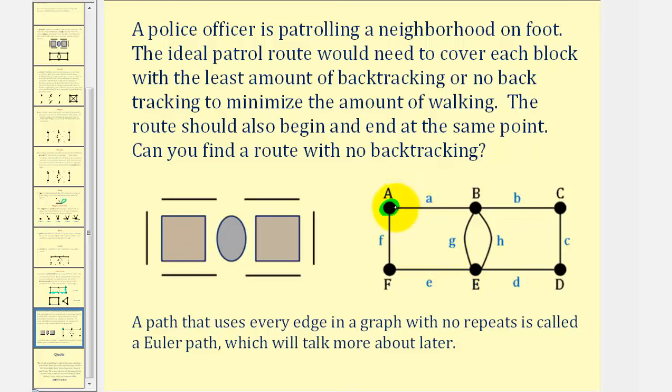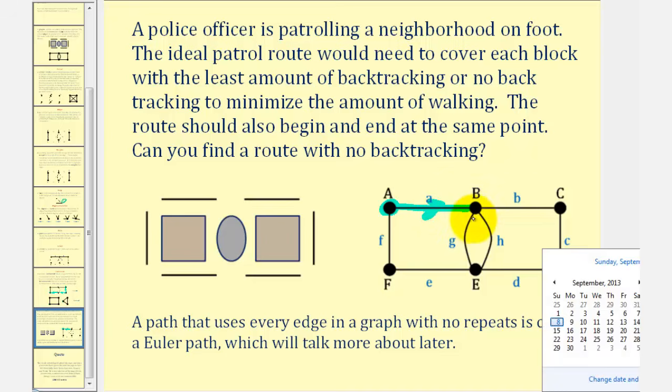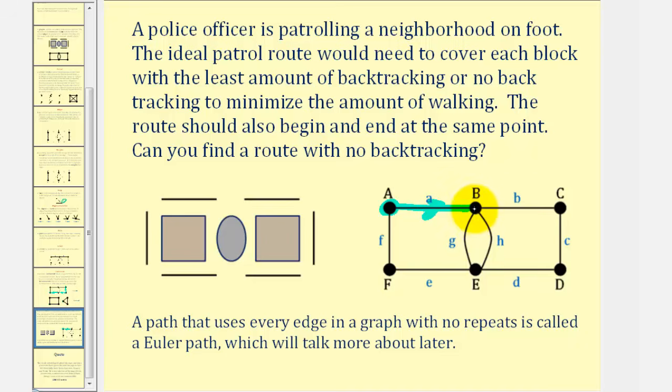We could go from A to B, then B to E, then E to B, then from B to C, C to D, D to E, E to F, and finally back to A. Notice how we started and ended at A, and we used each edge once.